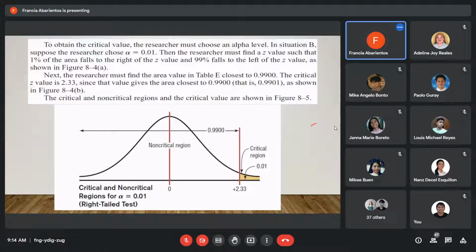So, ayan. Automatically, this is now an example of a right tail test. Yung critical region natin is on the right side. And this is now your non-critical region.